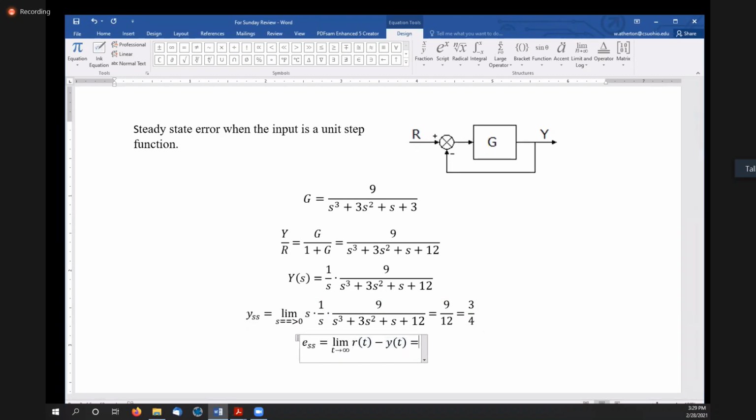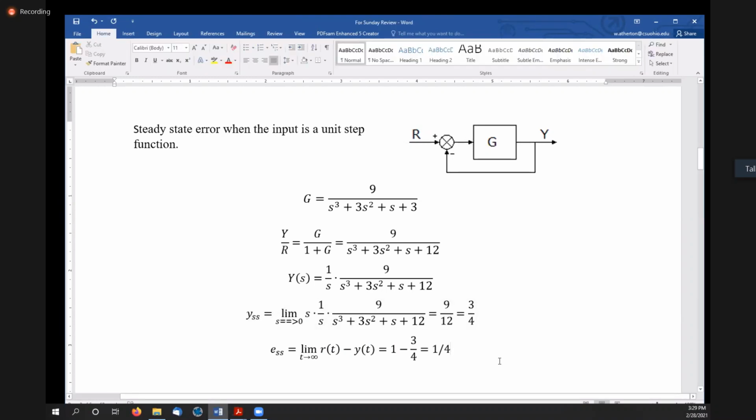Okay, input is equal to 1, output is equal to 3/4. Steady state error is 1/4. Okay, any questions?